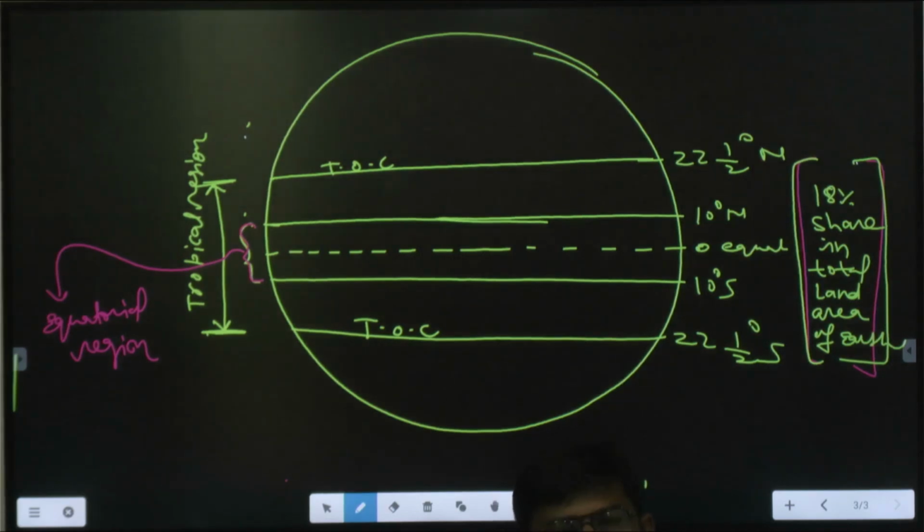The first parameter to declare a particular location as a biodiversity hotspot is that at least 1500 species of vascular plants must be endemic to that location. Endemic means what? Those species had their evolution at that location only.